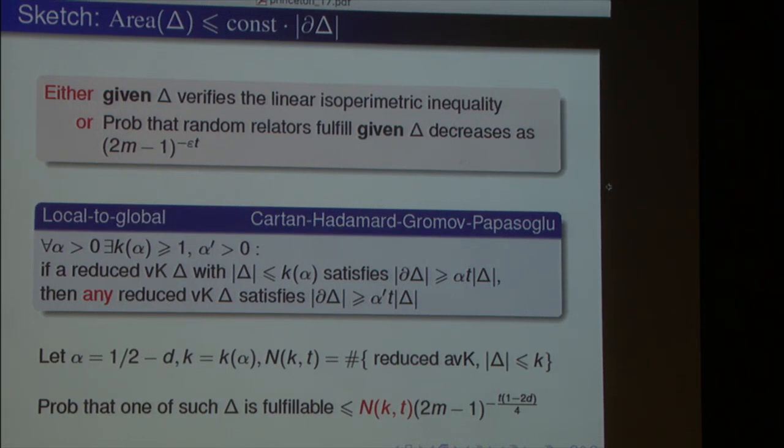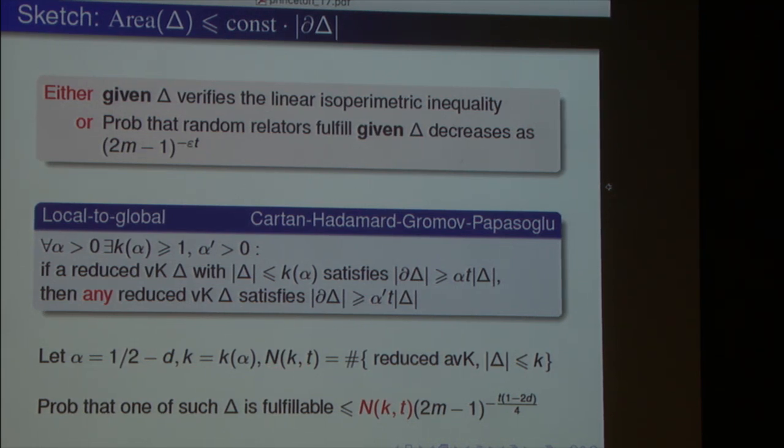Great. So let us take a concrete alpha we have in our situation. Remember, we are in the situation where the density is strictly smaller than 1/2. This is some number. Then applying this local to global theorem, I will find some constant k. And then I'd like to estimate how many diagrams I will get.